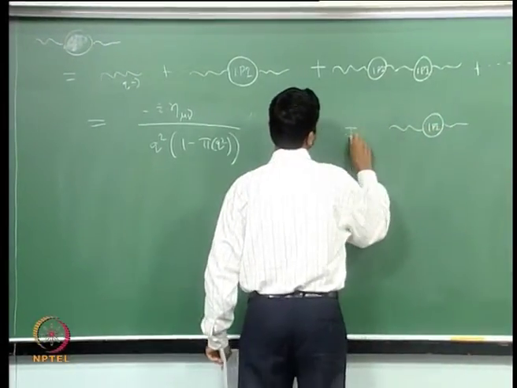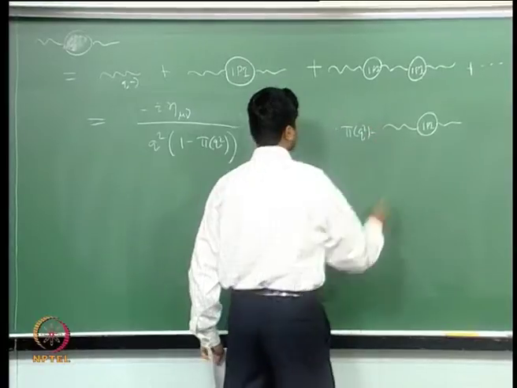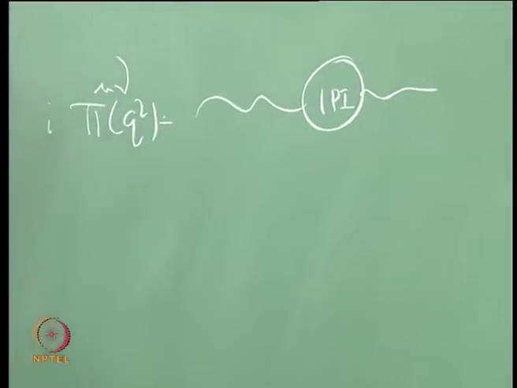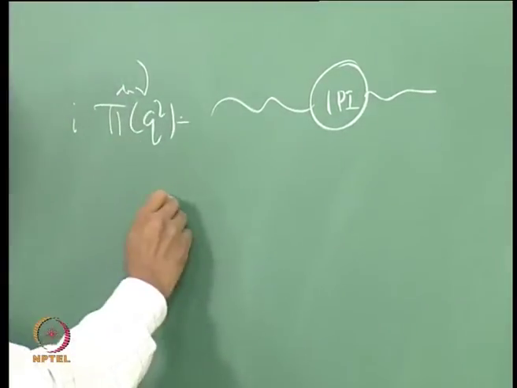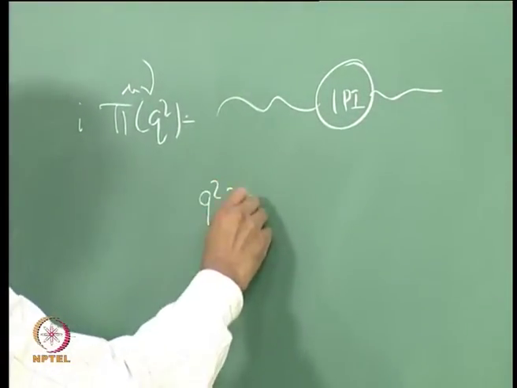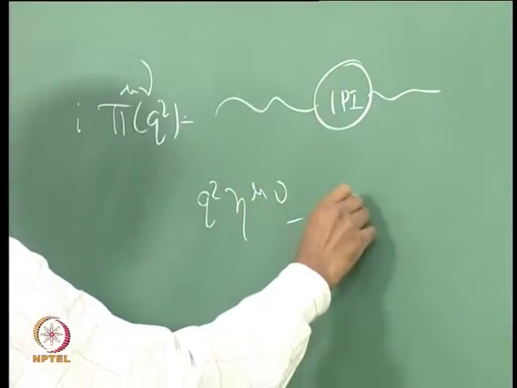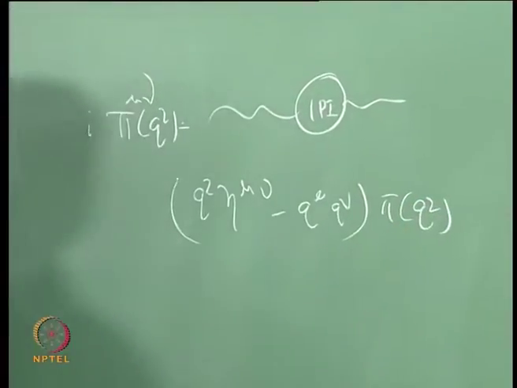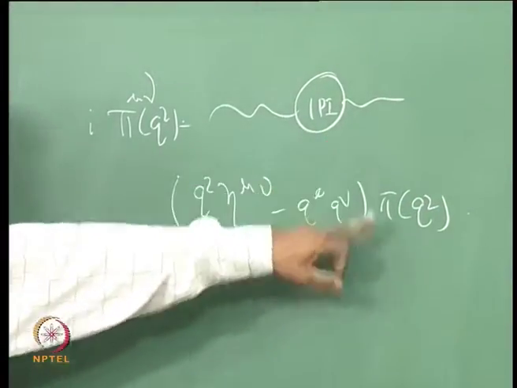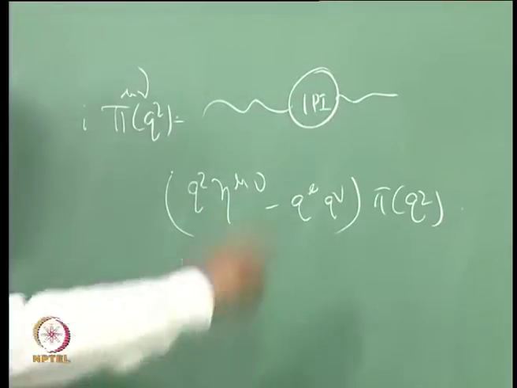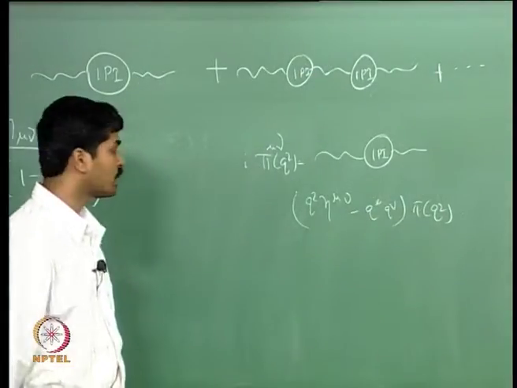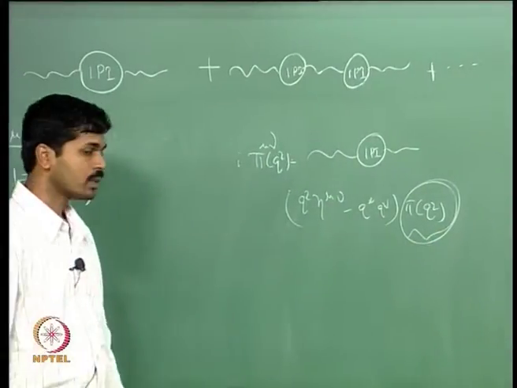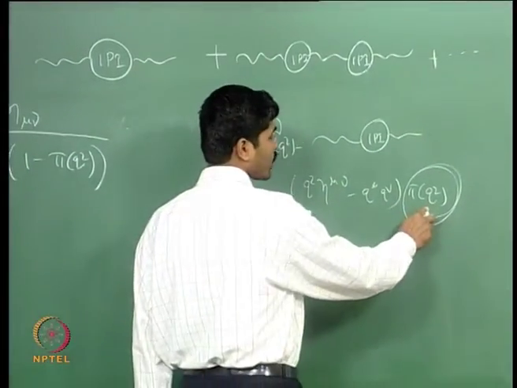This is our pi of q square, and so this is pi mu nu of q square, i pi mu nu of q square, where pi mu nu is merely given by q square eta mu nu minus q mu q nu times pi of q square, and this diagram does not contain any internal photon line which is massless. Therefore, this pi of q square is going to remain finite.